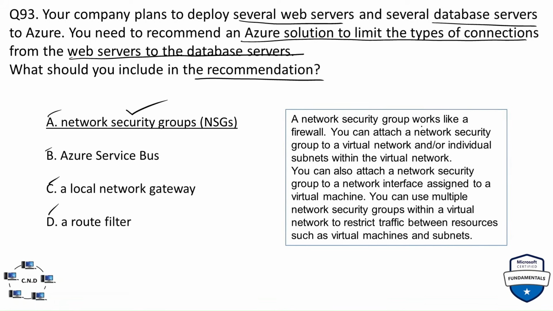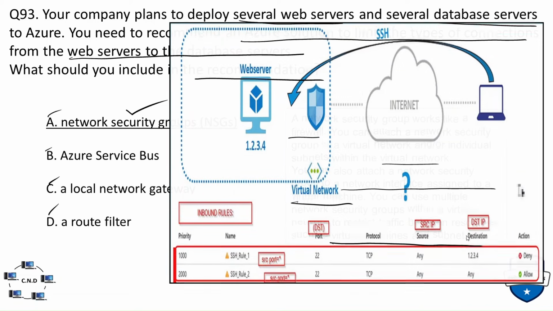So again, the network security group works just like a firewall, as we studied. You can attach a network security group to a virtual network or individual subnets within a virtual network. You can also attach a network security group to a network interface assigned to a virtual machine. You can use multiple network security groups within a virtual network to restrict traffic between resources such as virtual machines and subnets.